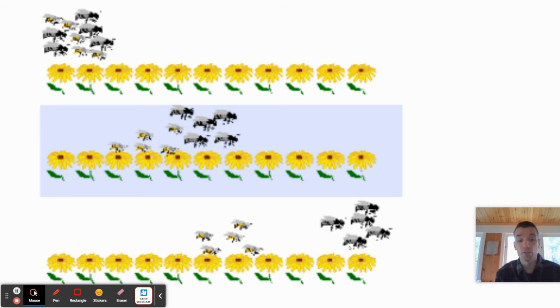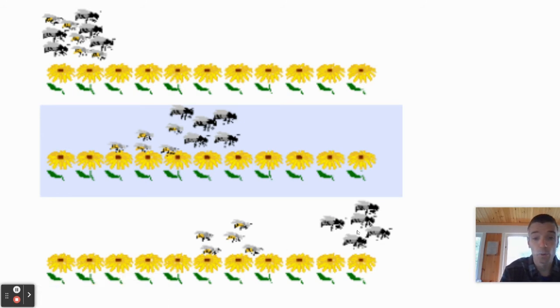Now, in this analogy, the bees and the hornets are the mobile phase. No, sorry, the bees and the hornets are the sample. The mobile phase is the wind that's carrying them along. You can't see it, just like you can't see the wind at your house. And the flowers are the stationary phase.